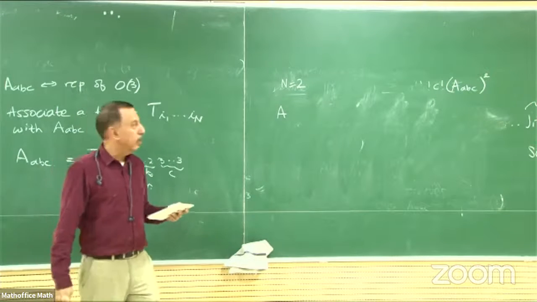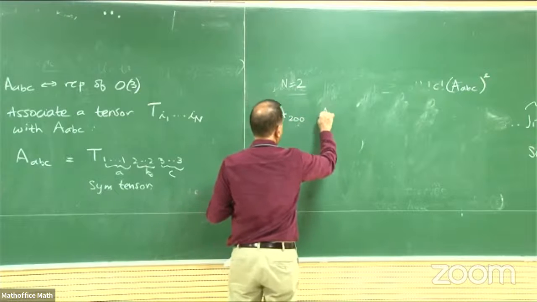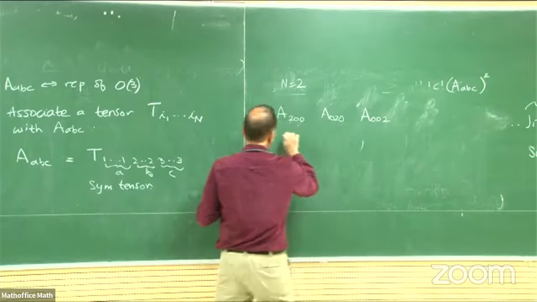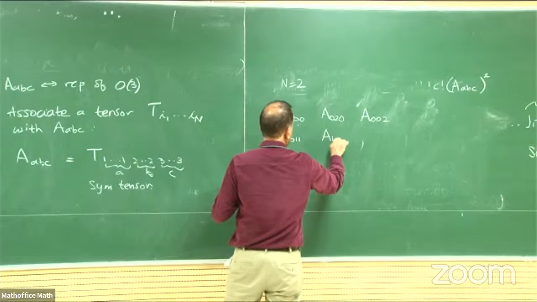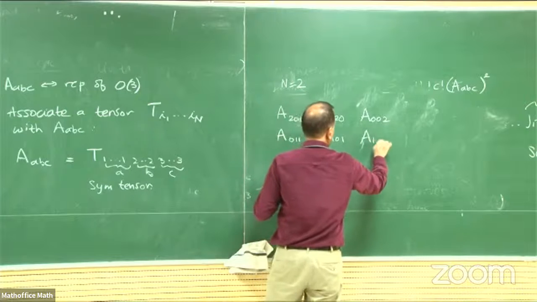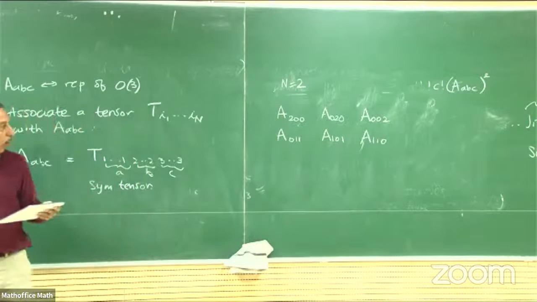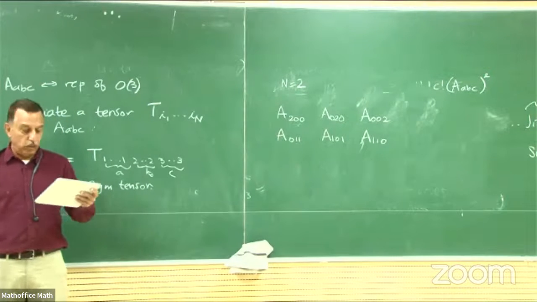What are all the possible A, B, and C which sum up to 2? Well, I can have 2, 0, 0, 0, 2, 0, 0, 0, 2. I can have 0, 1, 1, 1, 0, 1, and 1, 1, 0. And that's it. All possible ways of taking. So I can't even turn on 3 of them because they have to all add up to 2.